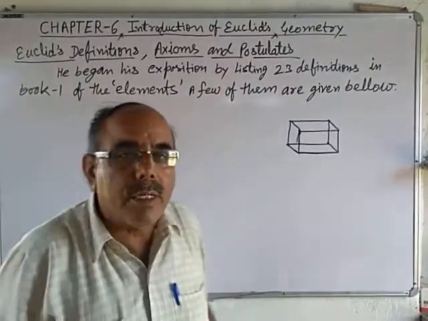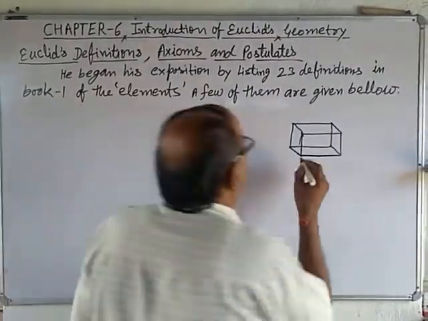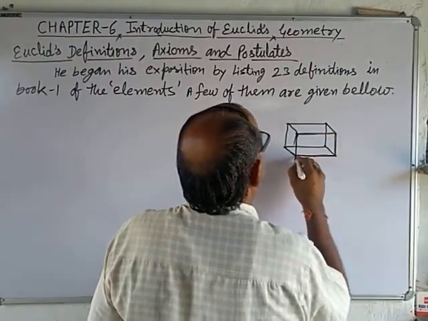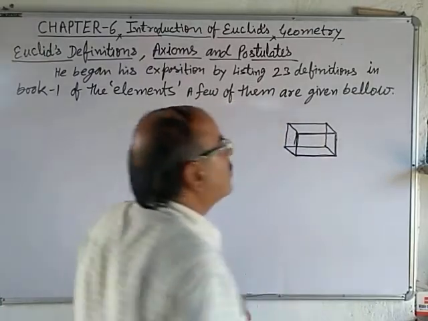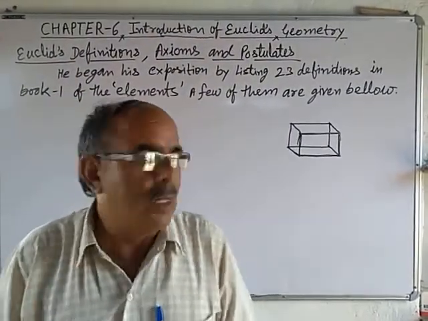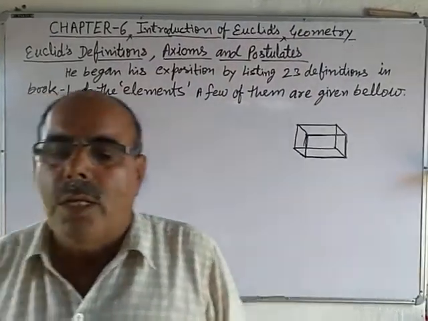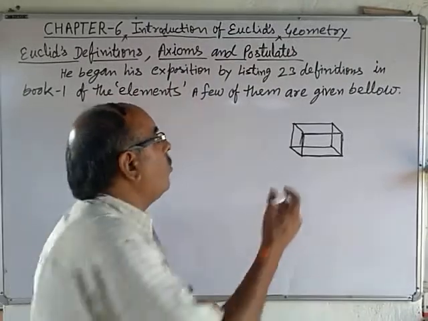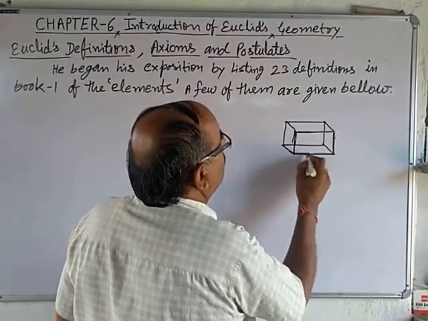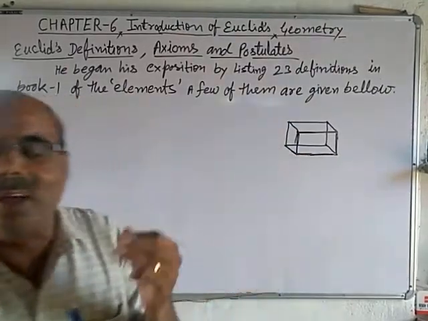This is a solid. But the surface has only 2 dimensions: length and breadth. This is the surface of the cube or the cuboid. And a line has only 1 dimension, and a point has no dimension.